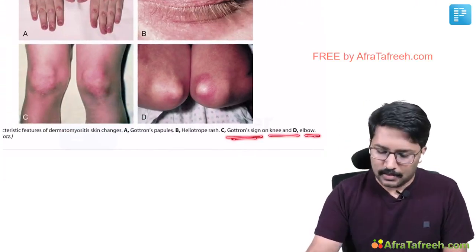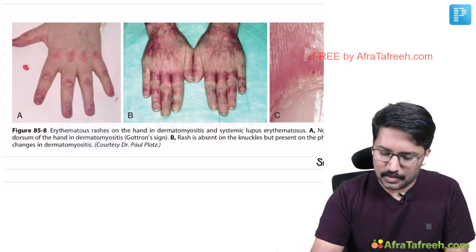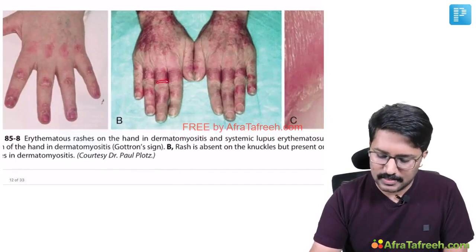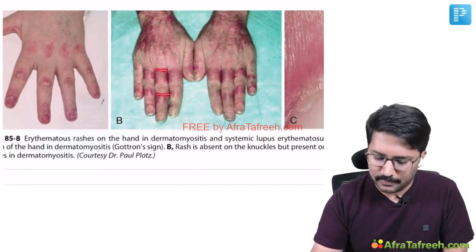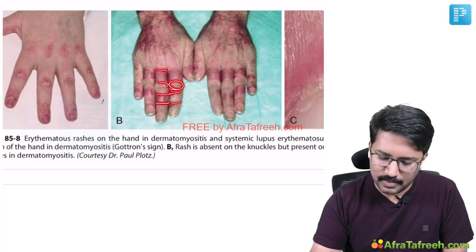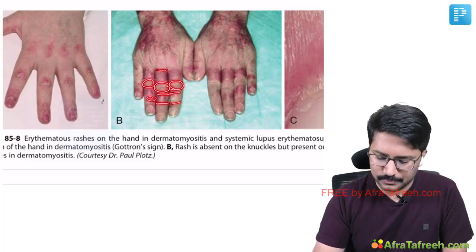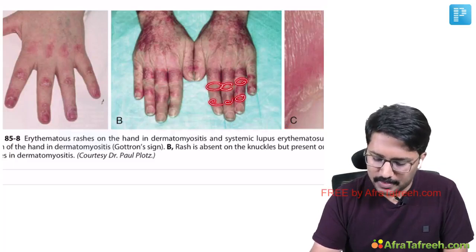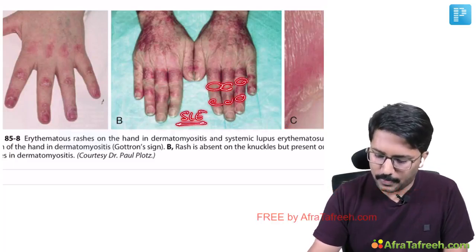Okay. Now what we see in this image, again this is Gottron's papule. In comparison, look at image B. You can see this is an SLE rash, so it is affecting the phalanges, sparing the interphalangeal joints, right? Sparing the interphalangeal joints. That is very typical of SLE associated rash. Okay.